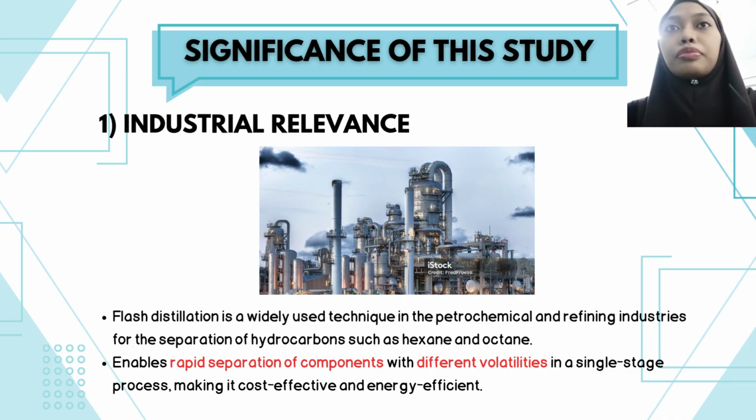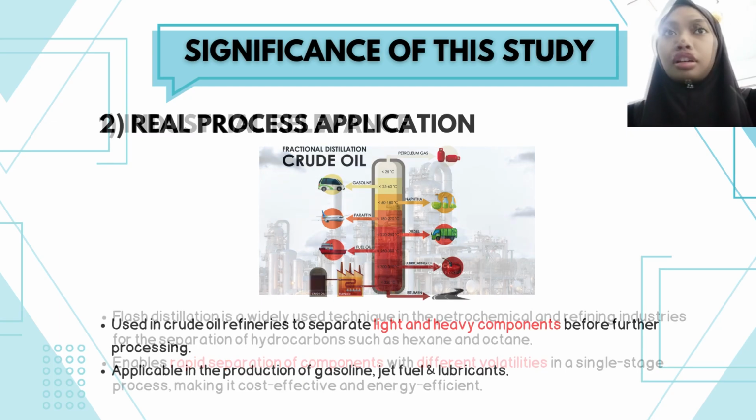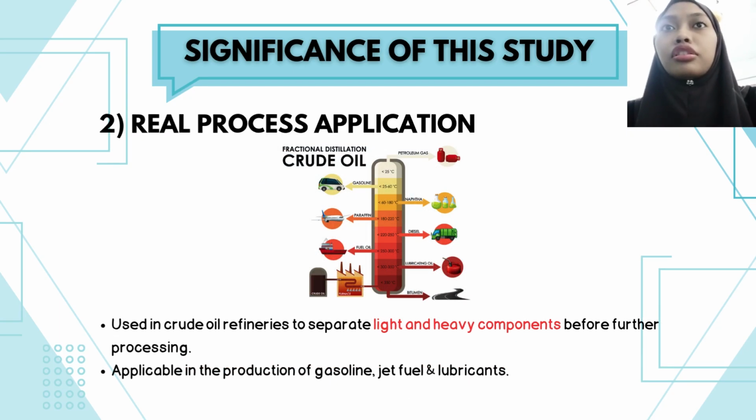It enables rapid separation of components with different volatilities in a single stage process, making it cost-effective and energy efficient. It is used in crude oil refineries to separate light and heavy components before further processing. It is applicable in the production of gasoline, jet fuel, and lubricants.